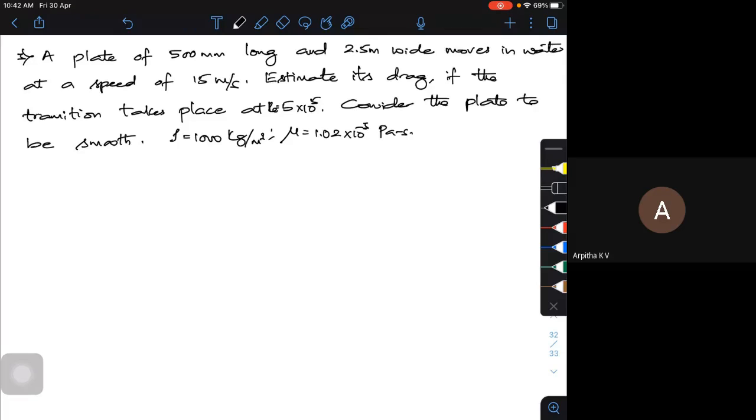This is where the average drag or average skin friction coefficient can be calculated for a turbulent case.